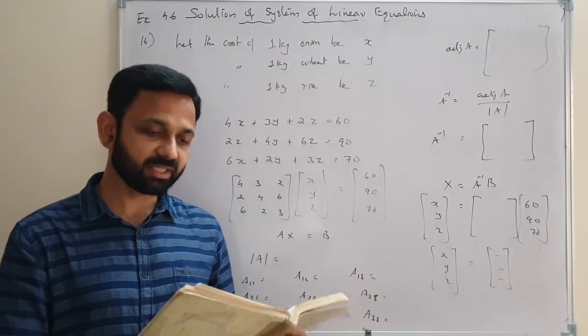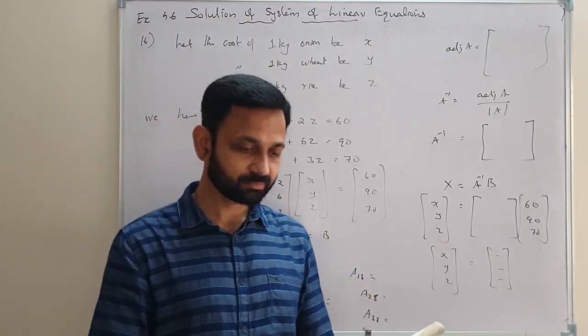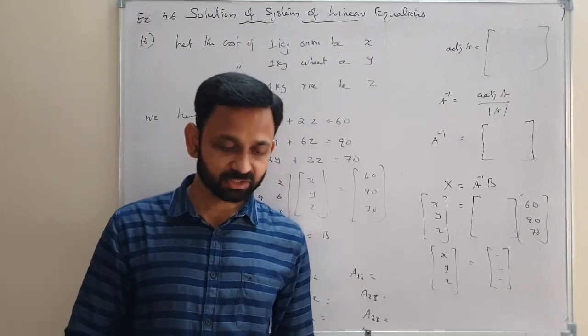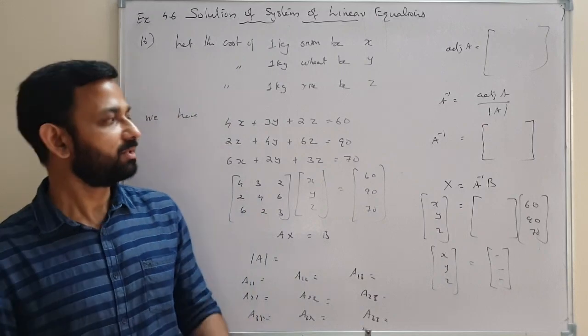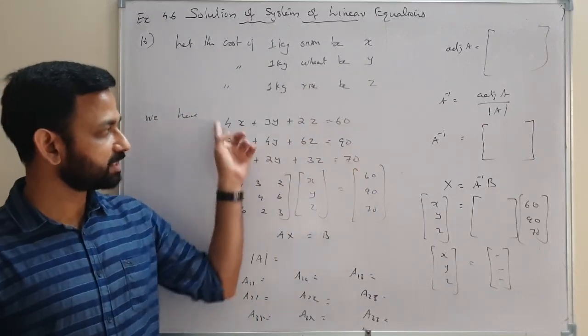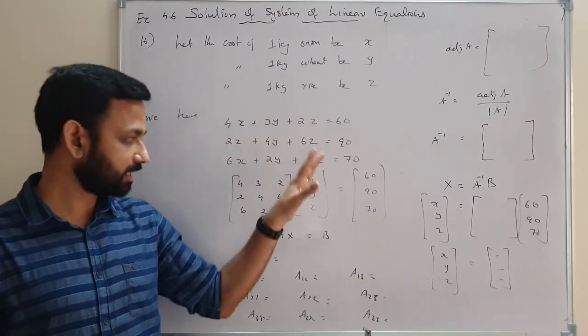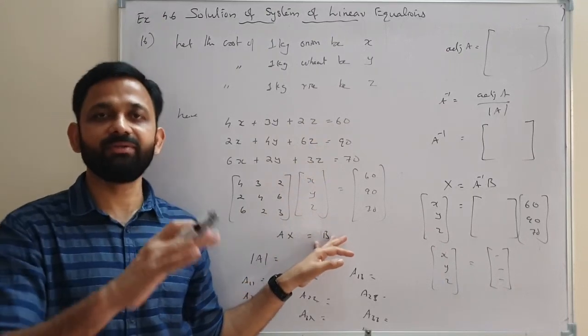So we can do that question by matrix method. In examination, when we get a word problem, we need to reduce it into a system of linear equations, then a matrix equation. Then we will continue. Okay.